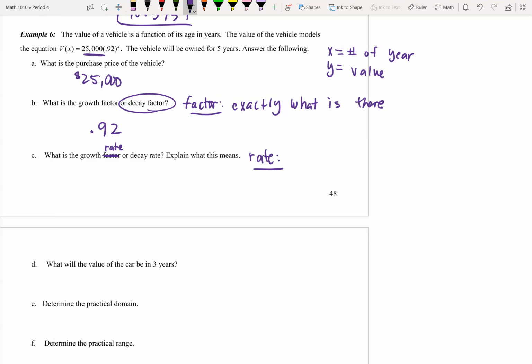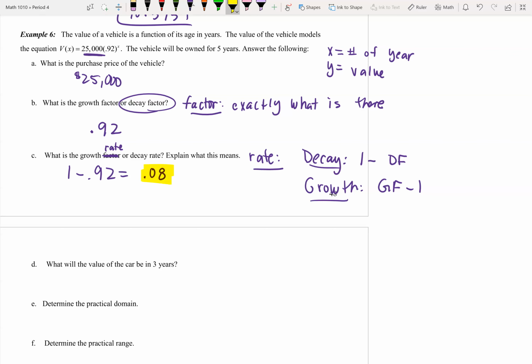If it's a decay, then you go 1 minus the decay factor. If it's a growth, you take the growth factor and subtract 1. So for example, mine is a decay. So I'm going to go 1 minus 0.92 is 0.08. That's the answer. That's the decay rate.